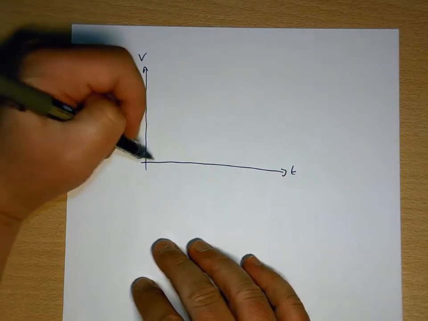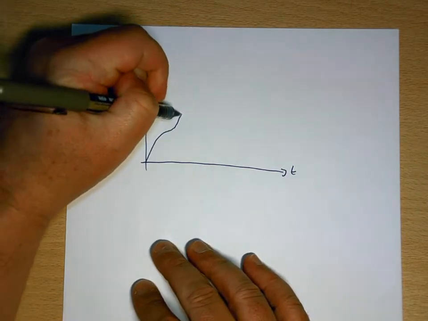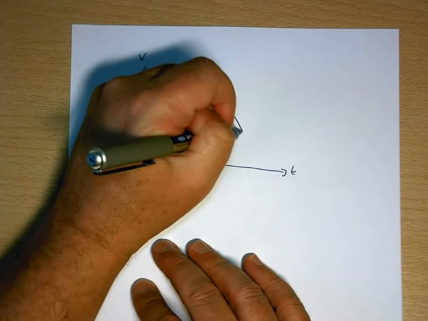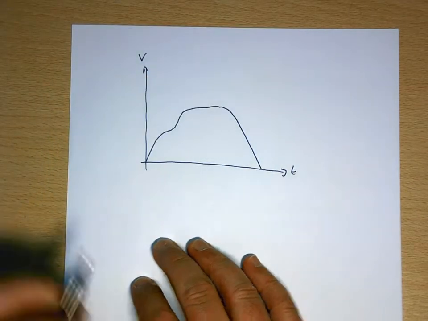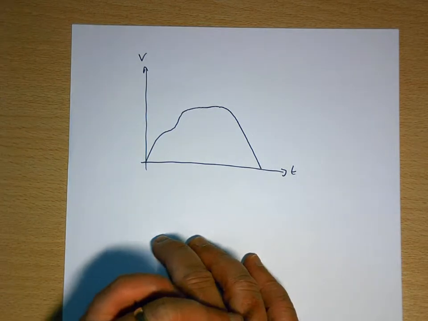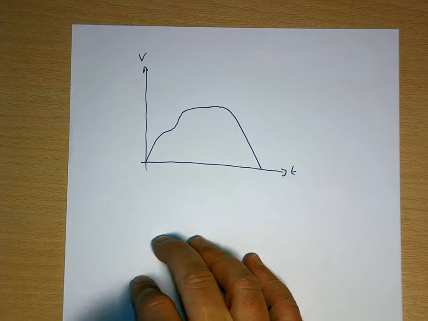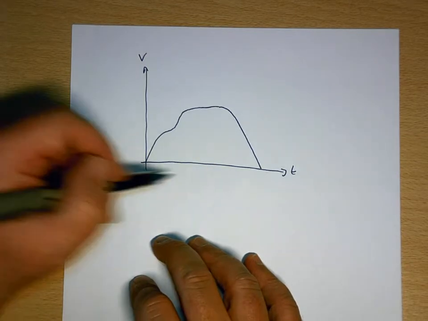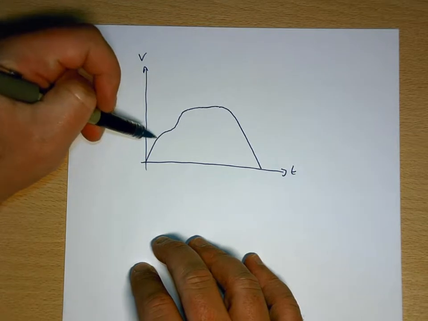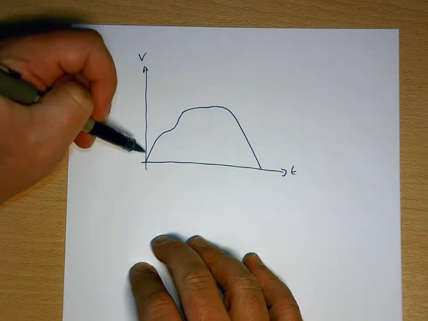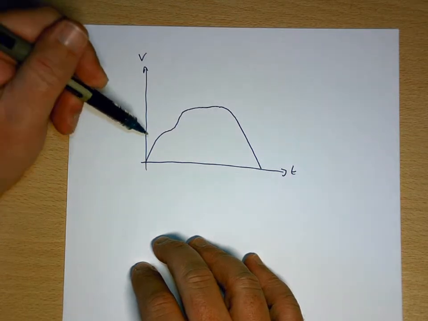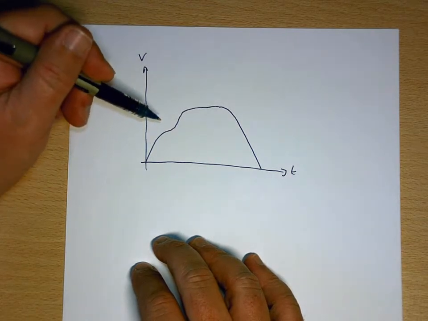And the way that this works, or what you can get off it, is how a particle or a body changes its velocity as time goes on. If the graph is moving in an upwards direction, that means its velocity is changing positively, which means it's accelerating.